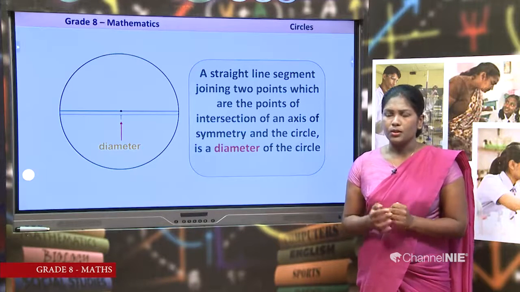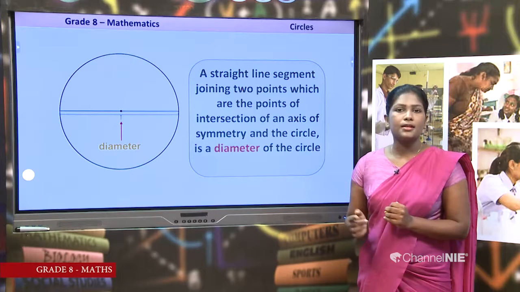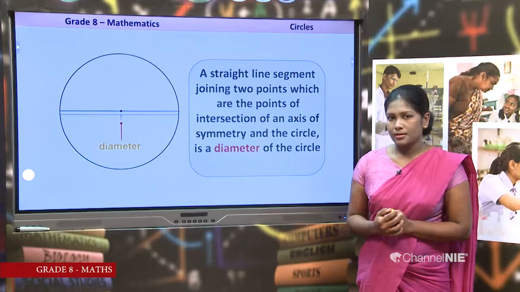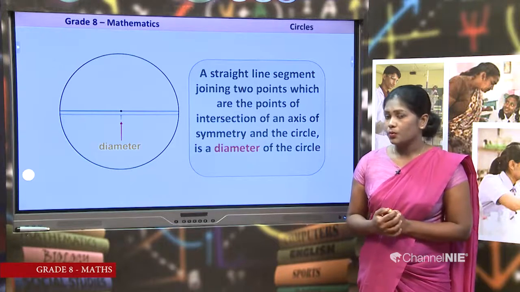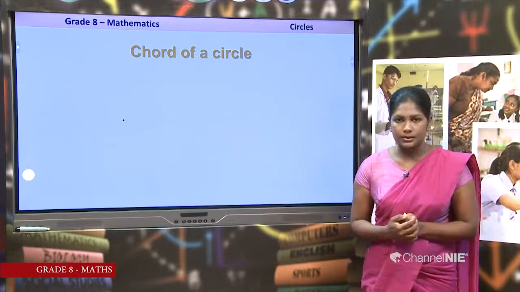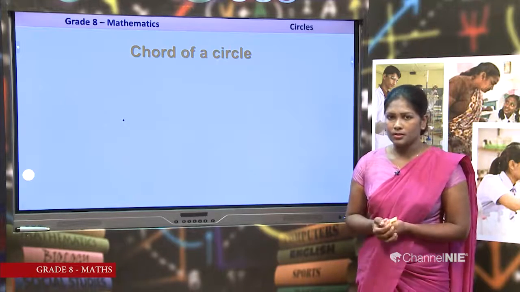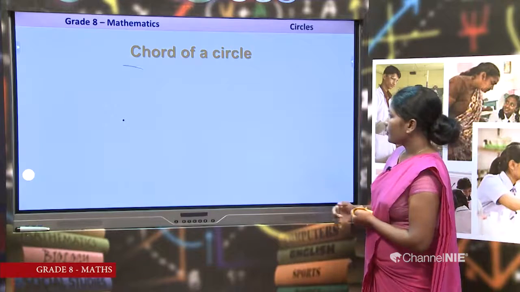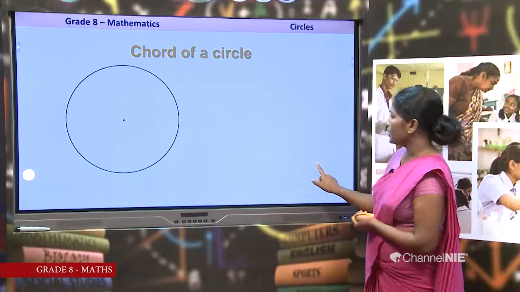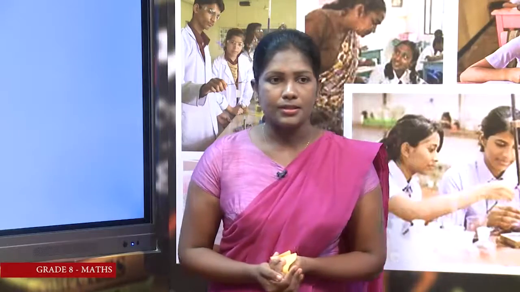Now you know the center, radius and diameter, and also symmetrical axis. Next, we have to talk about chord of a circle. What is the chord? When we draw a circle, you can join 2 points of this circle.